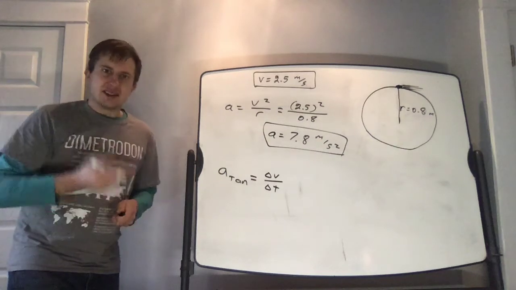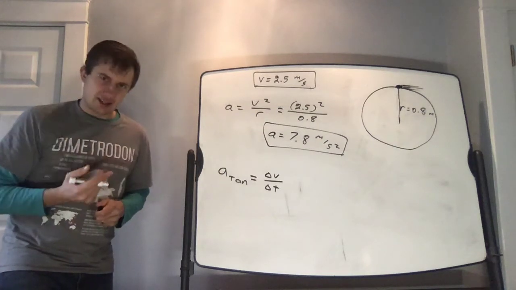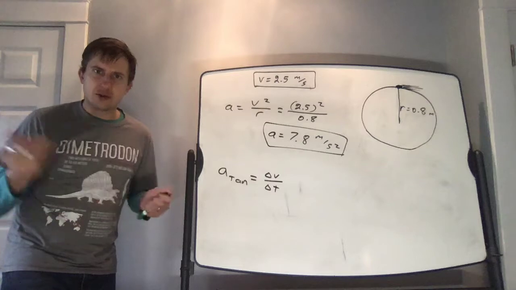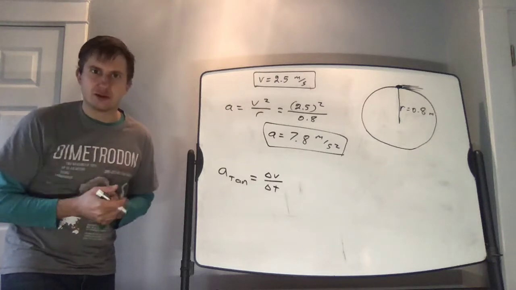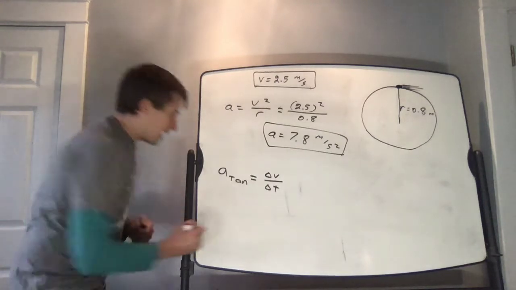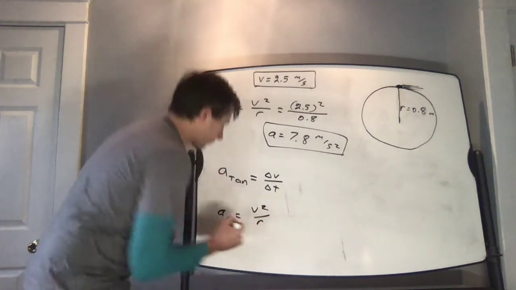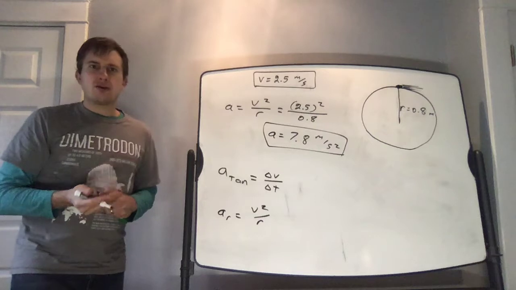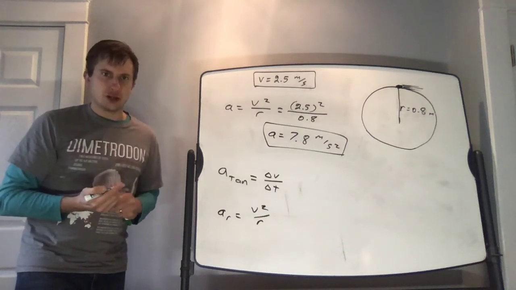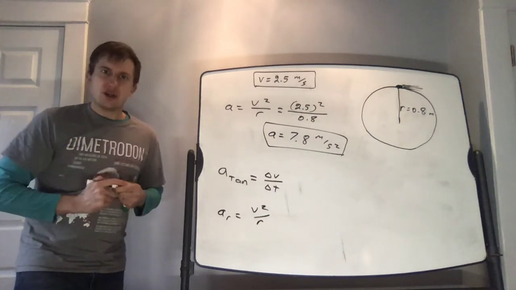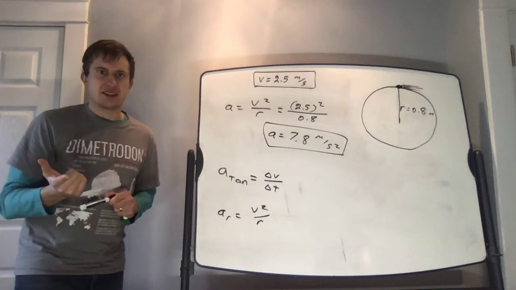A radial is the component of the object's acceleration that is perpendicular to the direction of motion, perpendicular to the velocity vector, and that is written as V squared over R. Now, if you think about how we defined acceleration when we first learned about it, we said that acceleration is a change in velocity.